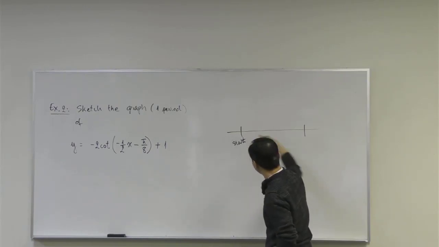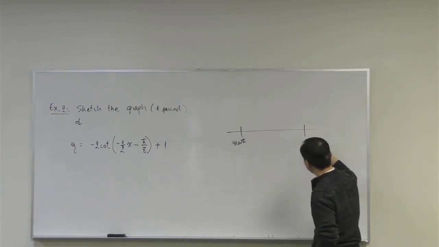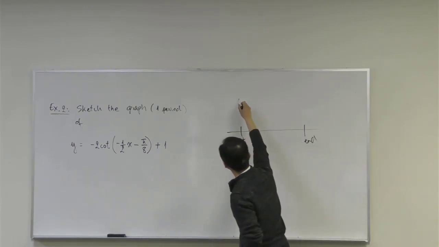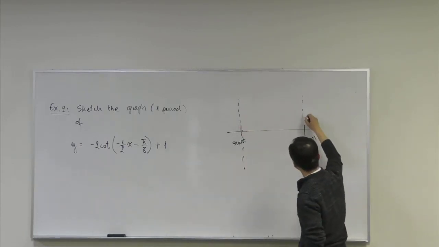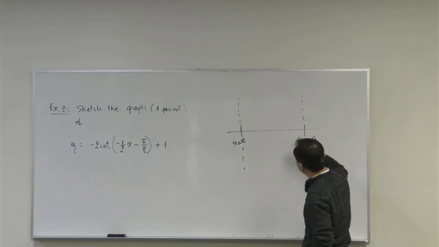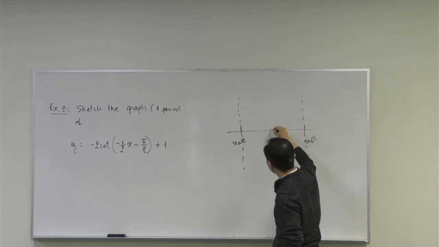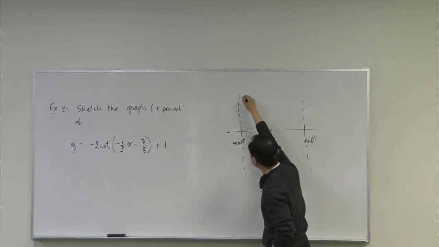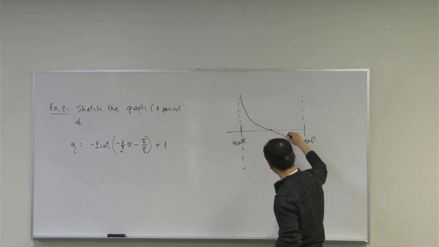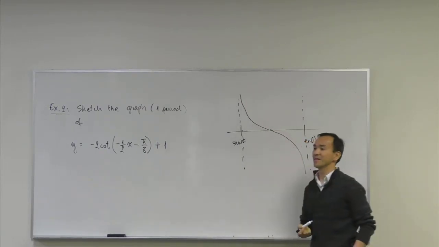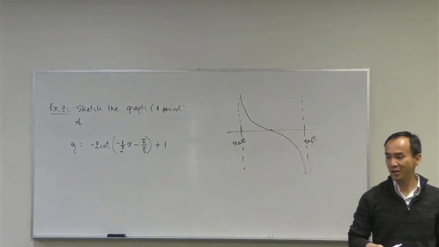There's a center line, and at the start and at the end of your basic unit, there's a vertical asymptote right at the start and a vertical asymptote right at the end. Okay. And then there's a halfway point, so the graph goes like this. It drops down, right? And it drops down further. See what I mean? Okay.